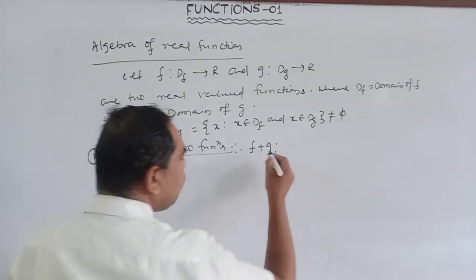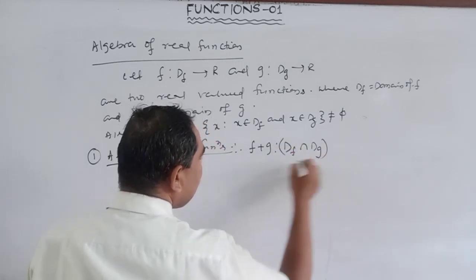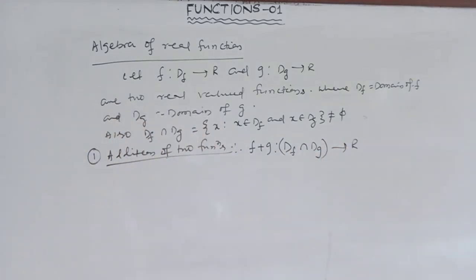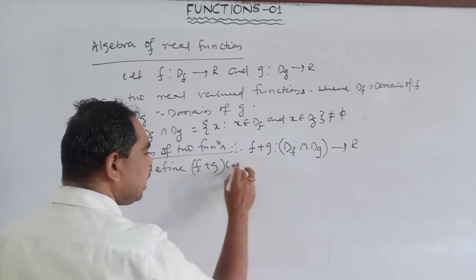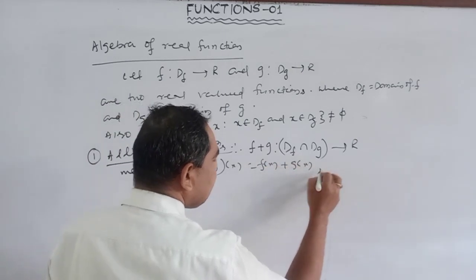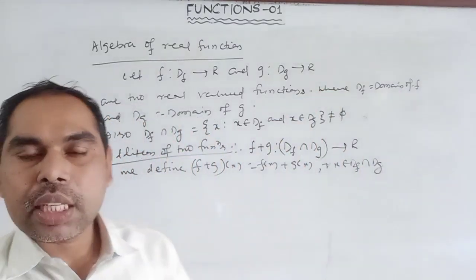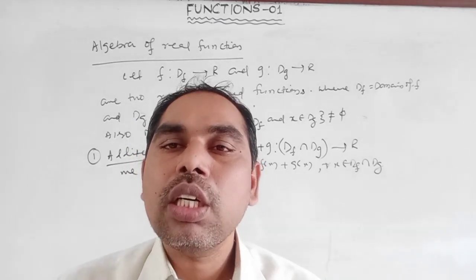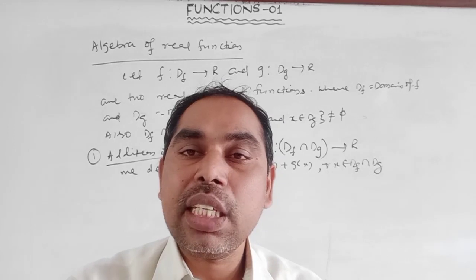The domain of f intersection domain of g is the domain of f plus g to real number R. We define f plus g of x is equal to f(x) plus g(x) for all x belongs to domain of f intersection domain of g. Meaning, whatever common domain the two functions have is the domain of f plus g, the new function.